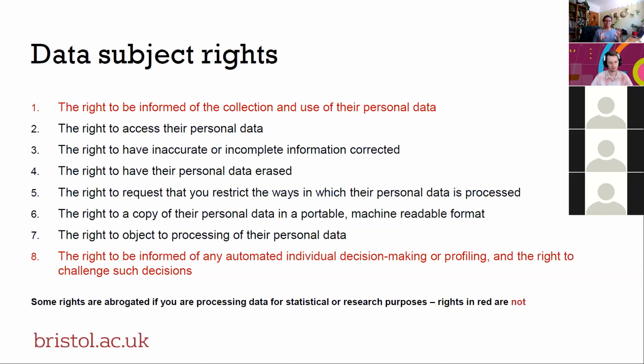But if you as a researcher are processing data for research purposes, then you can basically set aside everything but the first and the last of these data subject rights. So you still have to make sure that you inform participants about what data you're collecting and how you're going to use it. And you also have to inform them of any automated individual decision-making or automated profiling. And they need to be given the right to challenge such decisions.